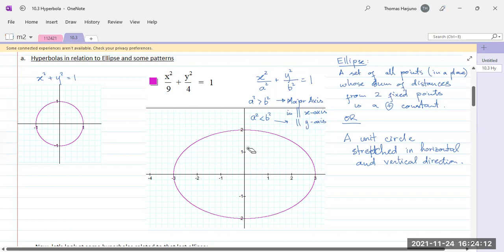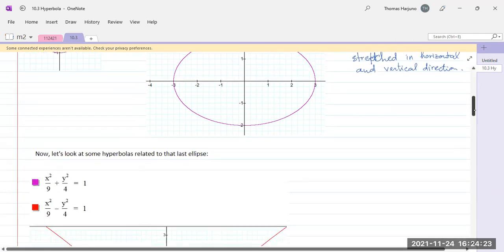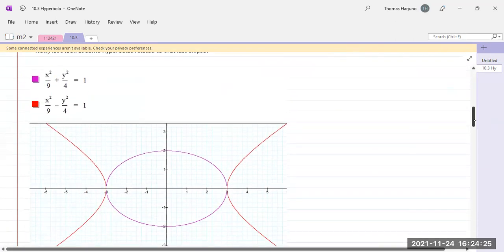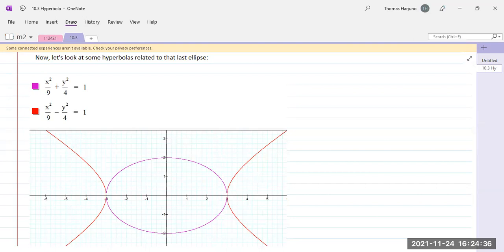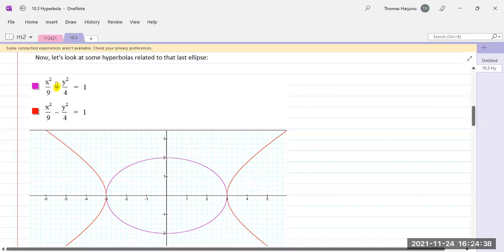Now, what I will do next is change this equation using the same pattern, but the one that gives us a hyperbola. I hope you can see the coloring here. The purple color is the one that gives us the ellipse. If I change the plus sign to a minus sign, then I will get a hyperbola.